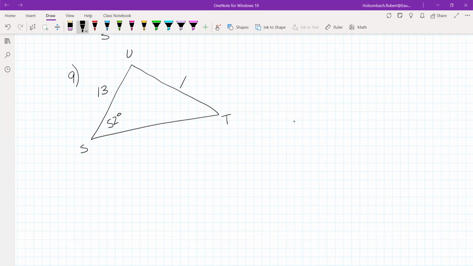U to T is X. And S to T is 16. I'm going to do the work for this problem, but I'm not going to say anything. I would like you to do the work for the problem and look up if you get stuck, or just look up at the end to check your answer.